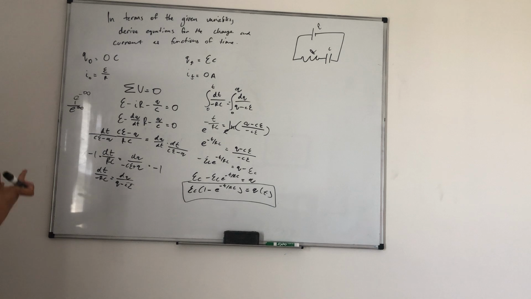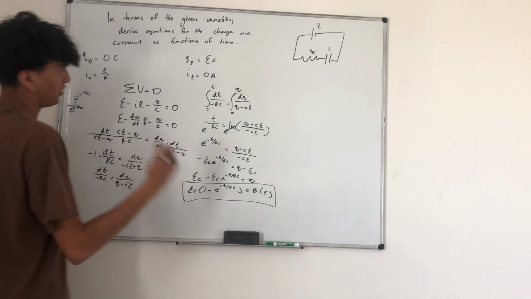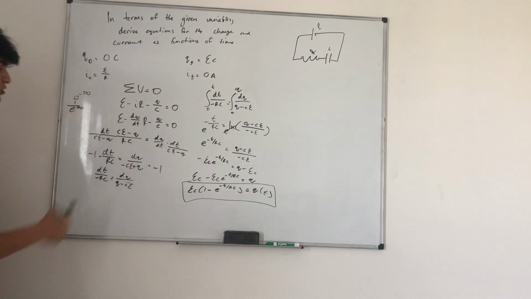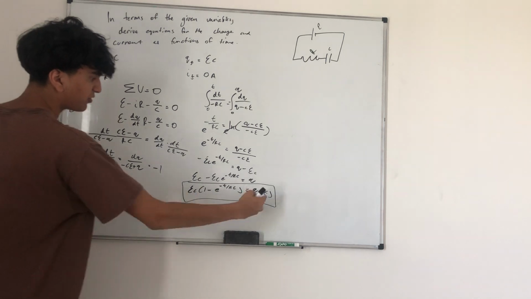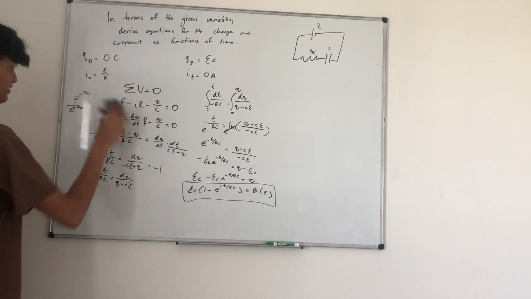Okay, let's quickly find current as a function of time. How are we going to do that? I don't want to do all this again. Guess what? You don't have to. We know that current is equal to dq over dt. Let's just take the derivative of this function with respect to time.